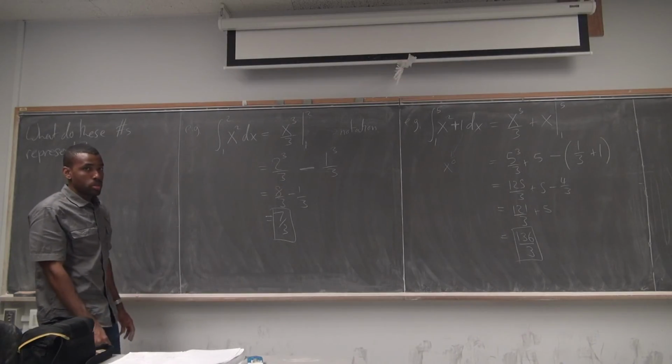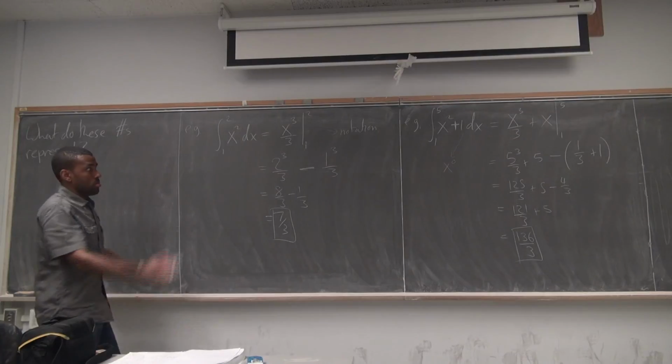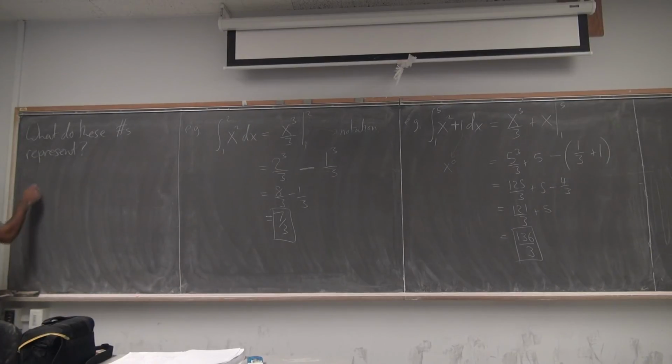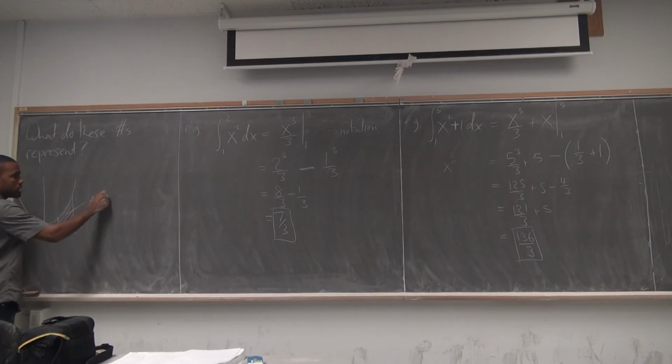How do you interpret that number? The actual area. Meaning, if I took the function y equals x squared, and I ask you, what is the area between 1 and 2? Not an approximation of the area, not a Riemann sum estimate, but what is the area? The area is 7 over 3.